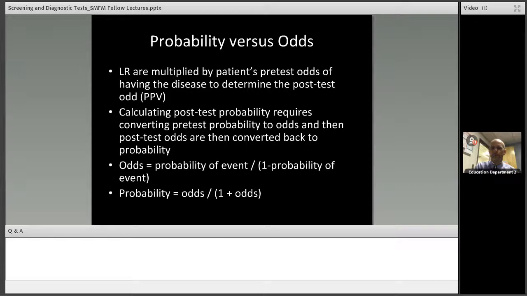But the example I just gave of somebody presenting in your clinic with a positive result from a screening test and you're seeing a marker is one way of using the likelihood ratio to adjust their post-test odds. Calculating the post-test probability requires converting the pre-test probability to odds, and then the post-test odds are converted back to probability of having the disease.